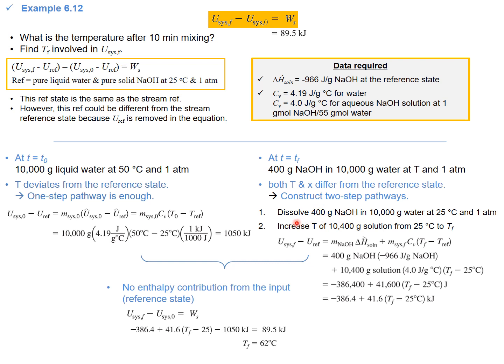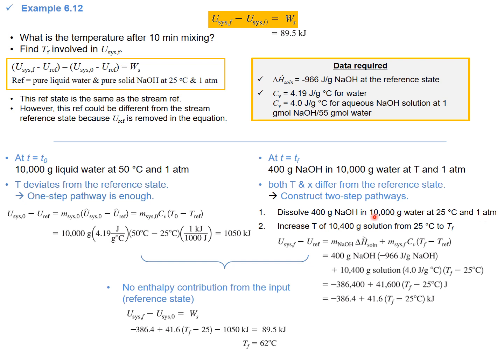So I have said dissolution of sodium hydroxide in water. What is this process? This is the solubilization process. Well, so in this case, we need to use the enthalpy of solution. So here is the enthalpy of solution at the reference state.